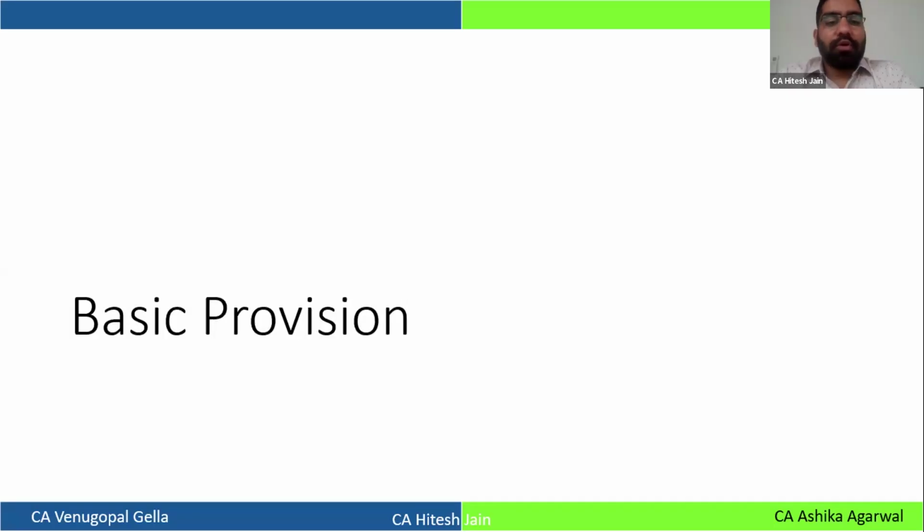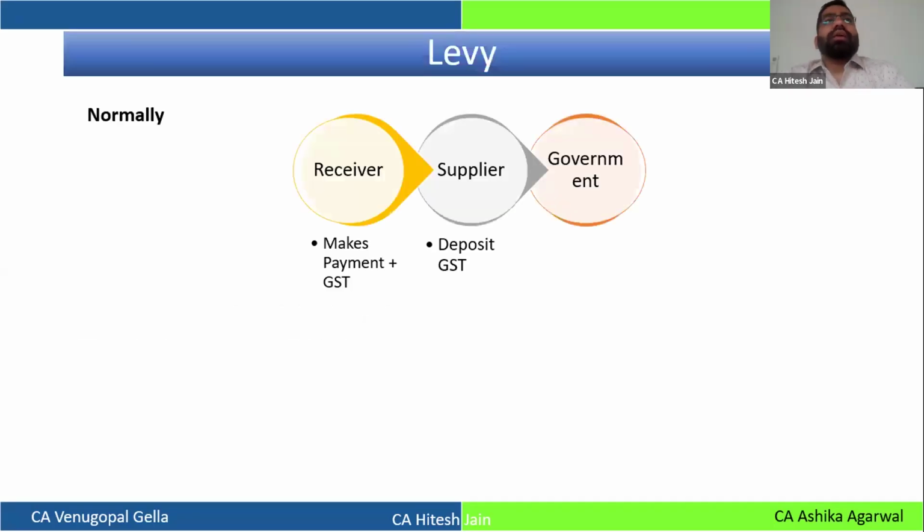Now coming to the basic provision. Normally, GST is passed on from person to person. The ultimate recipient pays the tax to the government. So when we tax on a forward charge basis, the supplier is liable to pay the taxes.